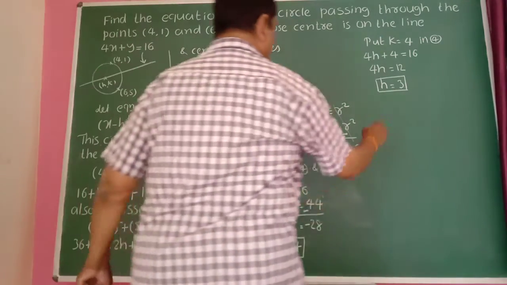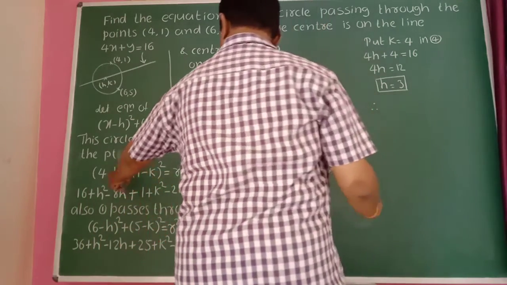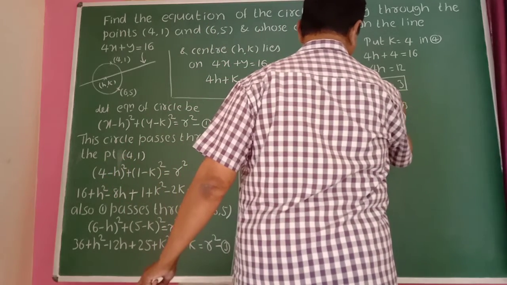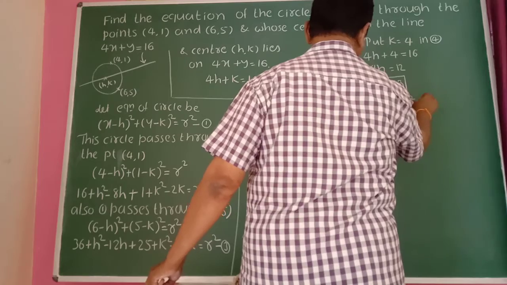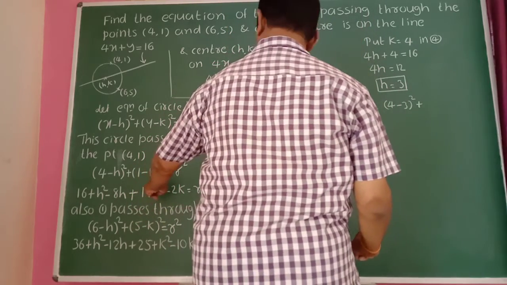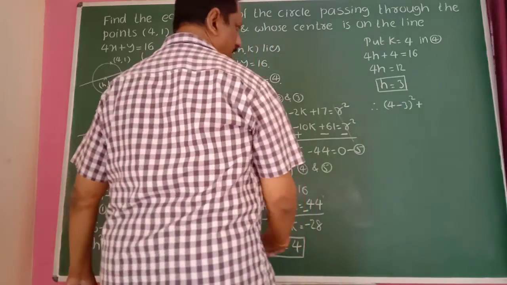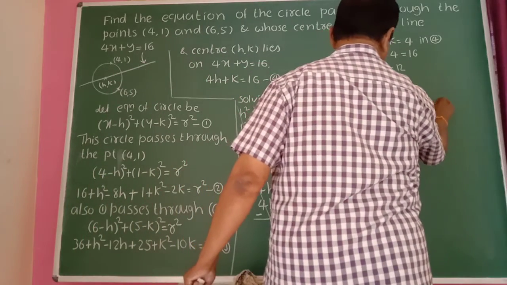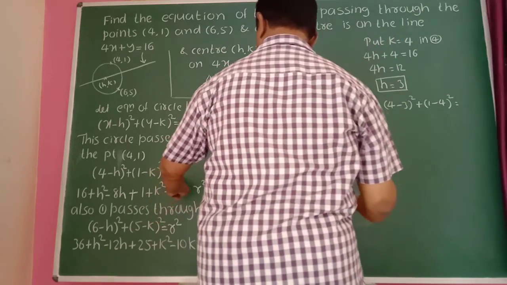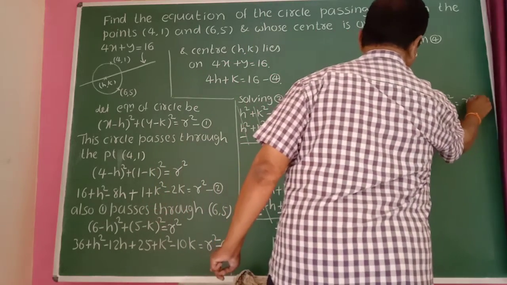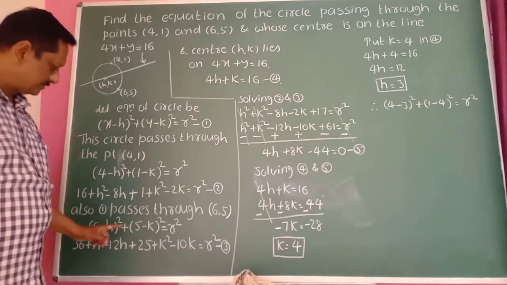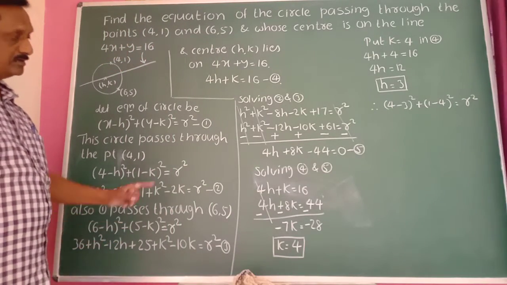Therefore 4 minus 3 whole square plus 1 minus k, and the value of k is 4, so 1 minus 4 whole square is equal to r square. We can use this equation also, and we will get the same answer.